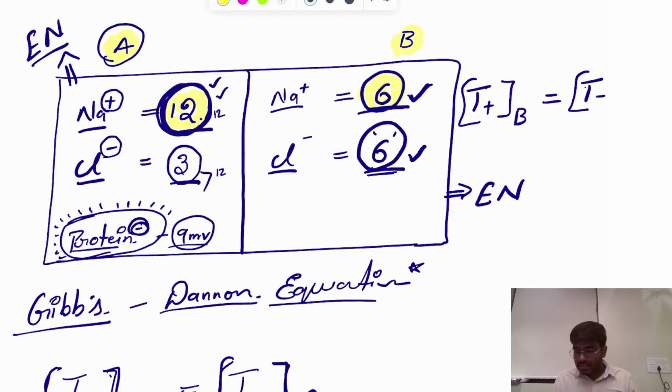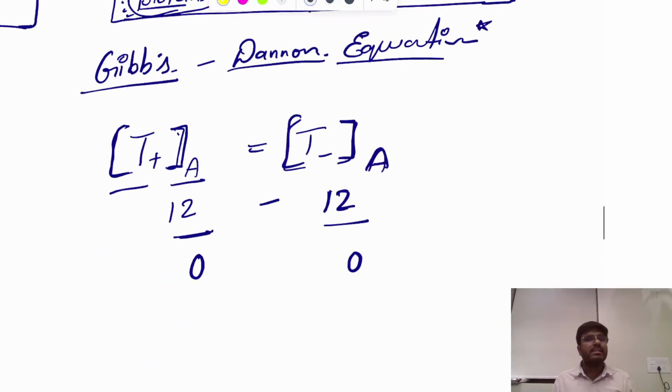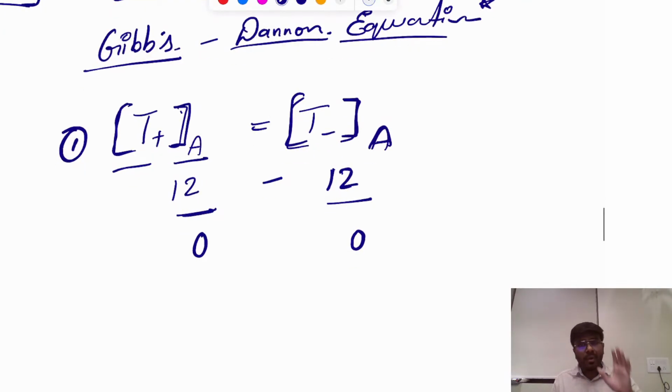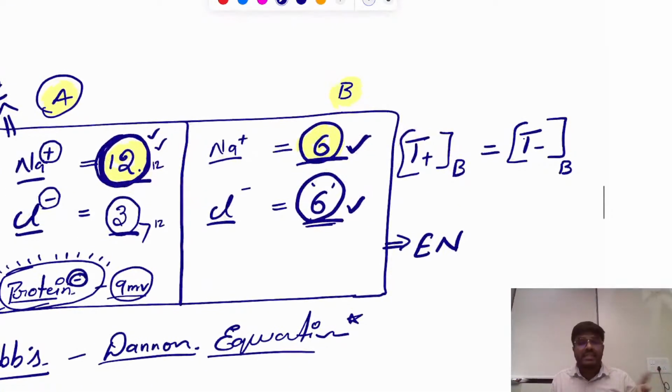So what is the Gibbs-Donnan equation telling us? There are 3 things you need to know. According to the Gibbs-Donnan equation, the number of positive ions in compartment number A and the number of negative ions in compartment number A are equal, and the number of positive ions in compartment number B and the number of negative ions in compartment number B will be equal.